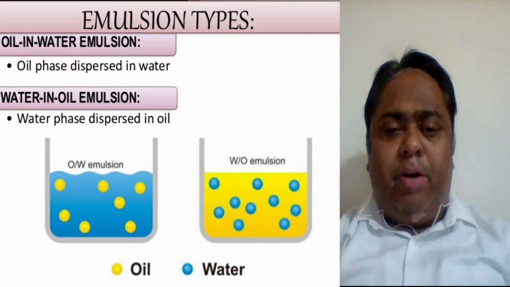Milk is an example of oil in water, in which the fatty substance is dissolved in water. Whereas an example of water in oil could be paint, in which there are oily substances which contain the pigment of the color and which is diluted with the help of water so that it can be sprayed easily.